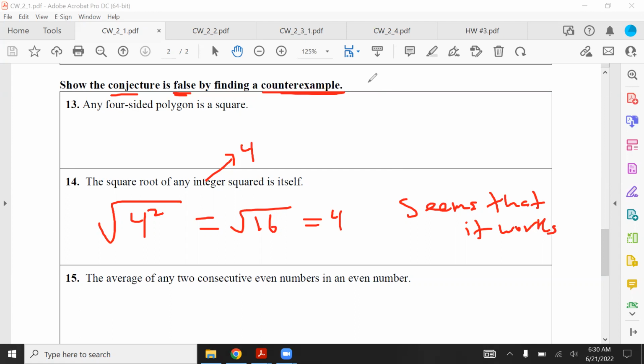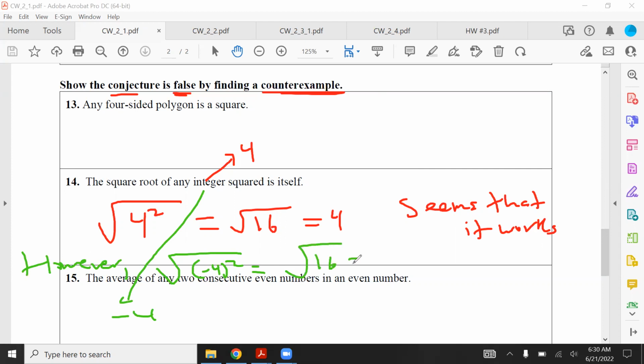However, what if you do this? What if your integer now is negative 4? Well, if you square negative 4, negative 4 times negative 4 is 16, and the square root of 16 is 4. So now this is not the original integer.